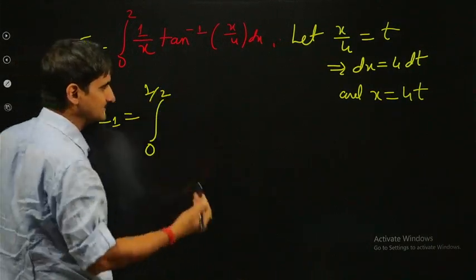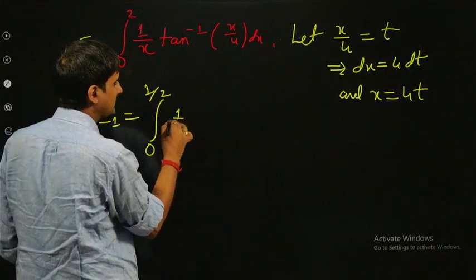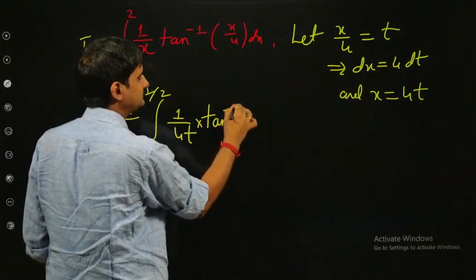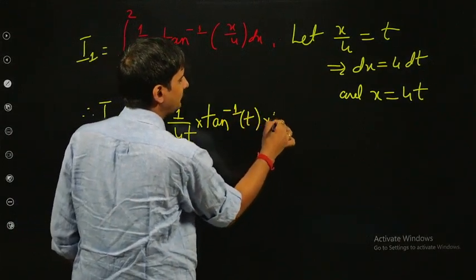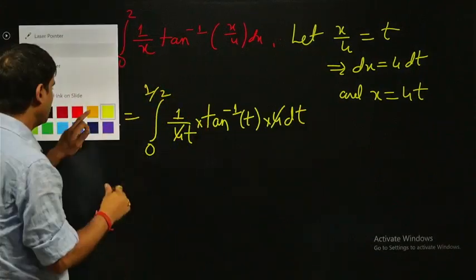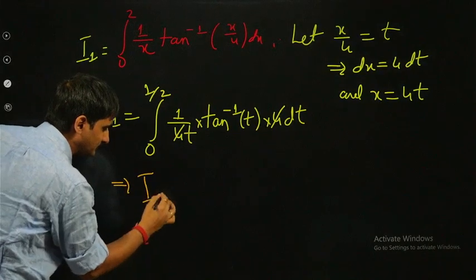But still let's move ahead. So I1 is 1 by 4t into tan inverse of t into 4 times dt. See, this is what we got, and that encouraged me to move ahead.